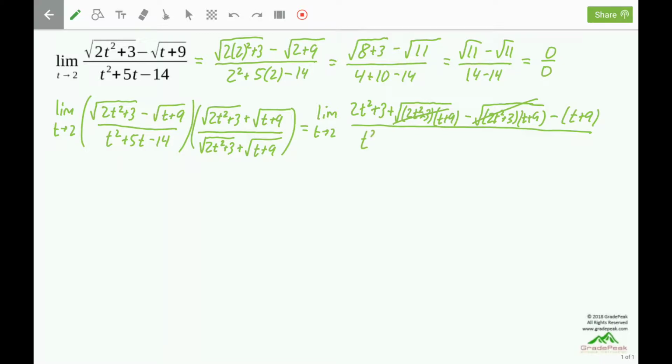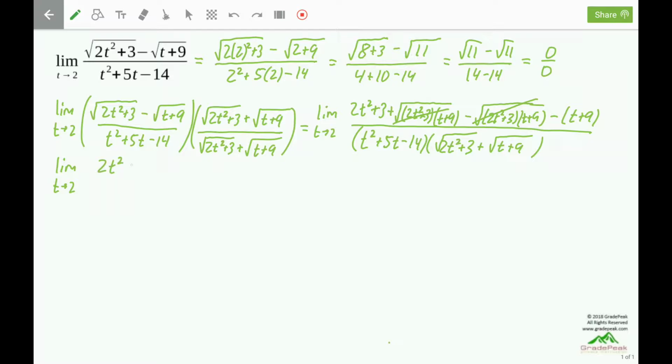In the denominator we will have t squared plus 5t minus 14 multiplying with the conjugate, but since these are not root conjugates of each other, you will not FOIL this out, but rather keep it multiplying in a factored version like that. Our next step in the numerator is to distribute the minus sign.